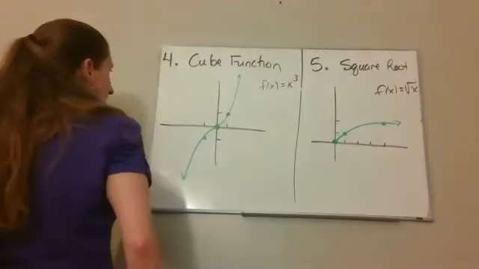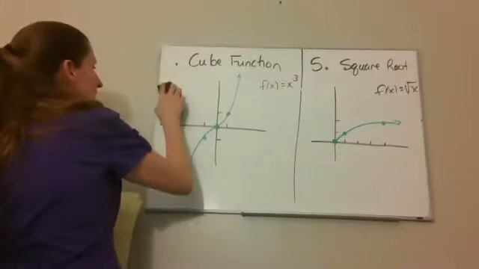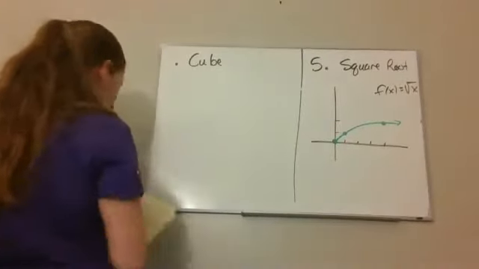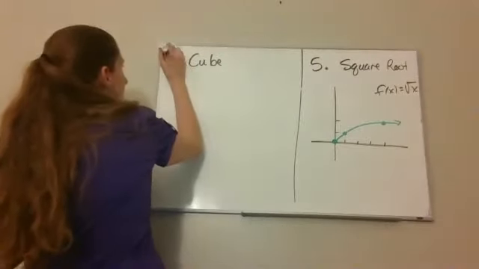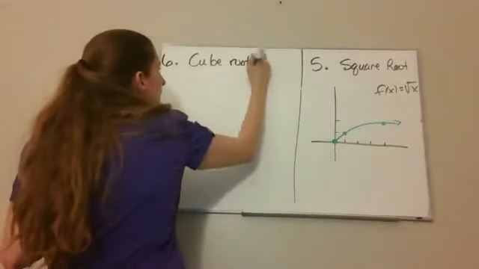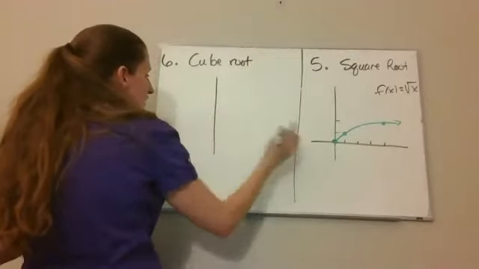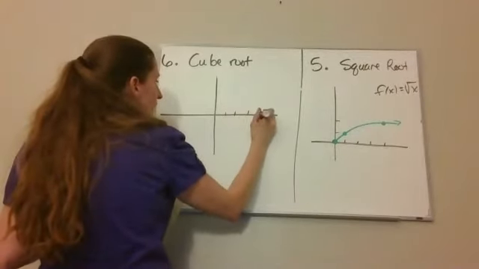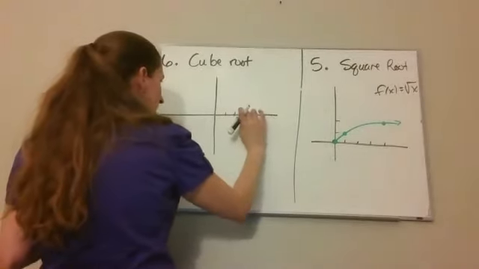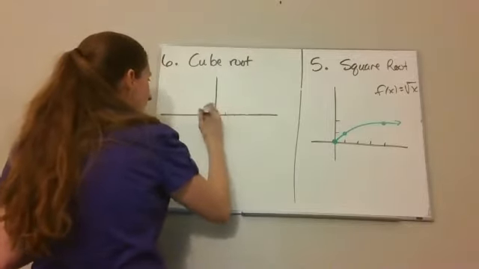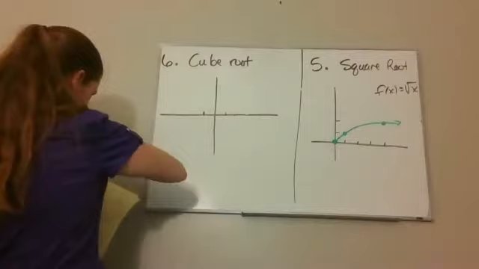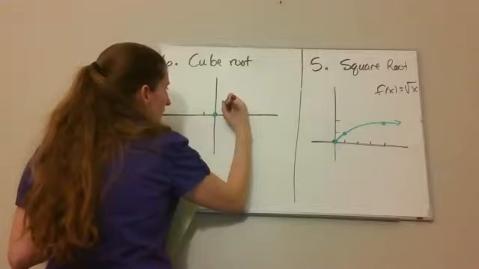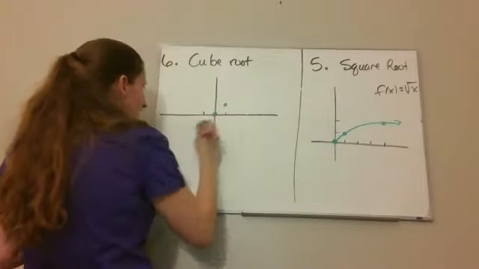Number 6 is the cube root function, which looks kind of like the square root function. Except it continues on both sides because we're allowed to take cube roots of negative numbers. So your cube root function has points at 0, 0, 1, 1, negative 1, negative 1.